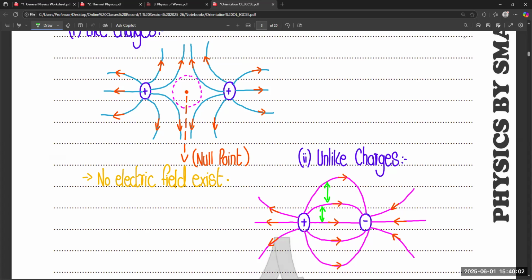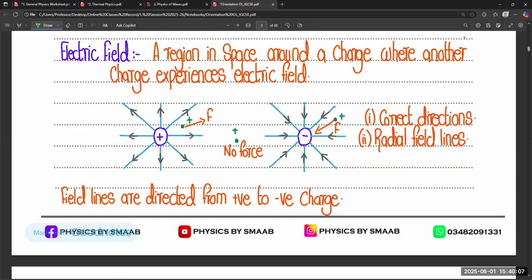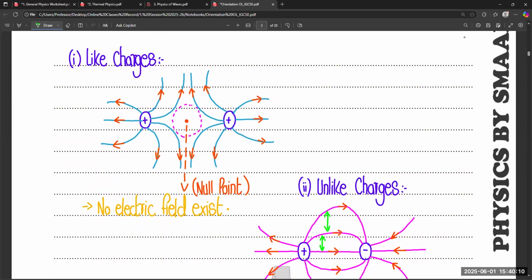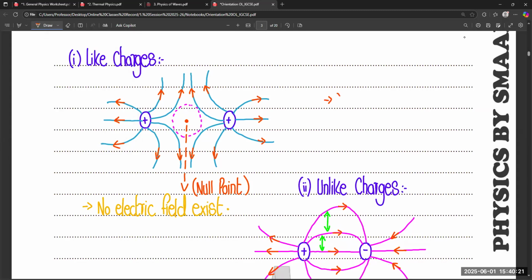Okay. So we have now three important points. Before that, we had only two important points: correct direction, radial field lines. But now, if they ask you to draw this diagram, complete this diagram, there are three important points. The first one is correct direction, definitely. Correct direction means positive to negative.